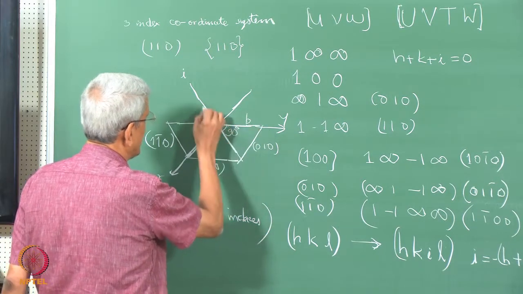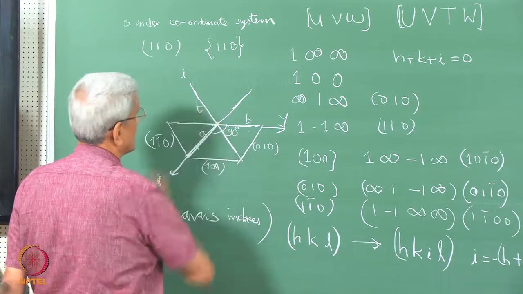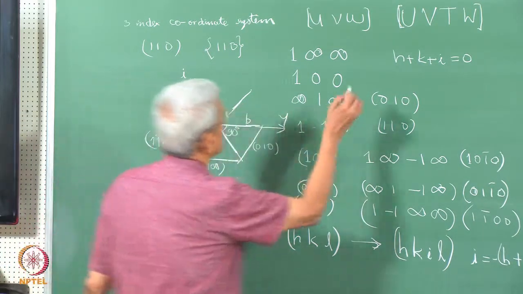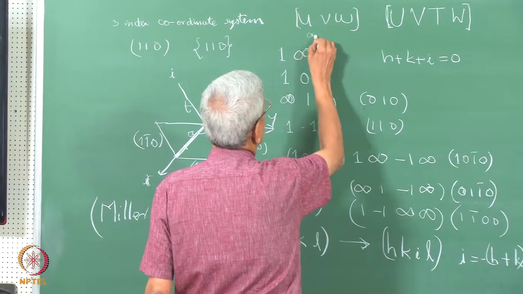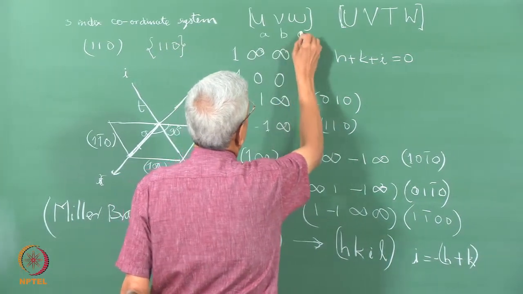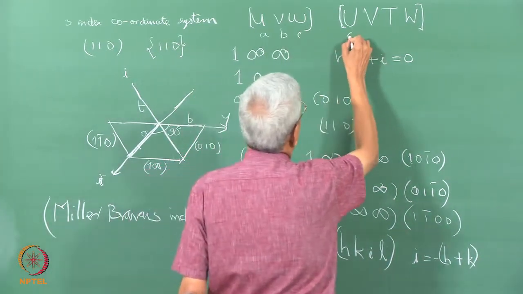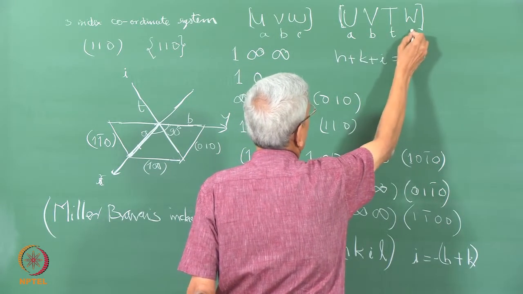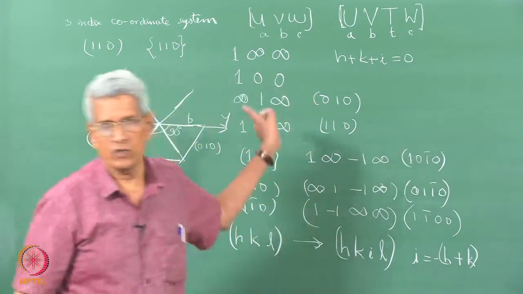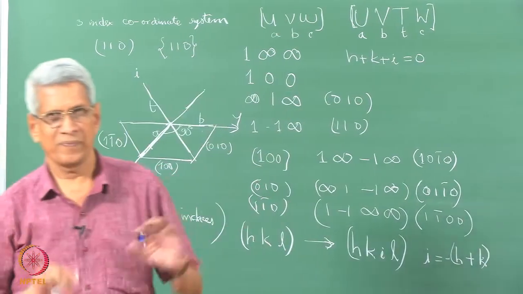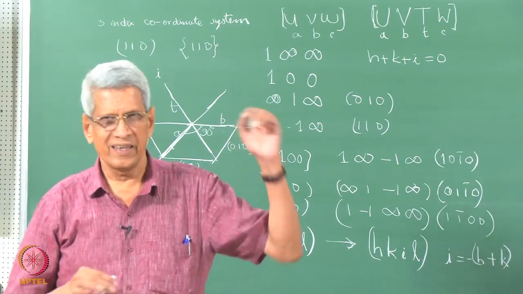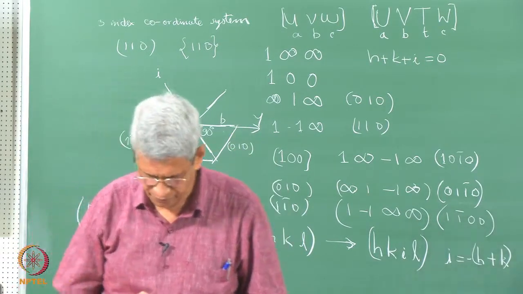Here if we represent B, and this if we represent it as T, okay. And then the other one is C. So, it will essentially be A, B, C, correct. Here it will be A, B, T and C. This is what the translation vector in these directions is going to be.